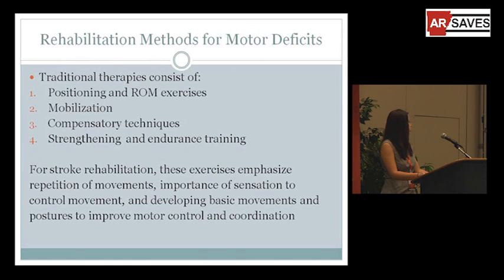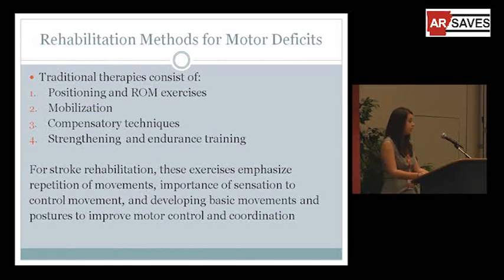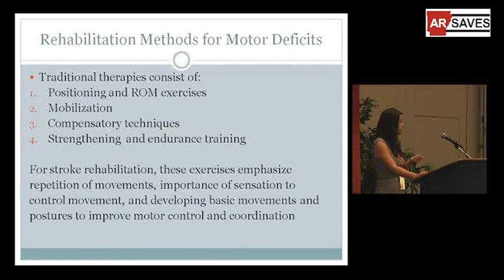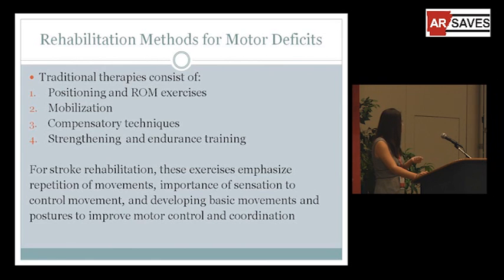So most of our traditional therapies in the inpatient rehab setting include positioning and range of motion, which is also something that is very important to begin acutely after stroke, especially if somebody is severely hemiplegic. Immediate mobilization, if possible, starting to get these patients out of bed or at least sitting upright in bed in the acute side is also very important.